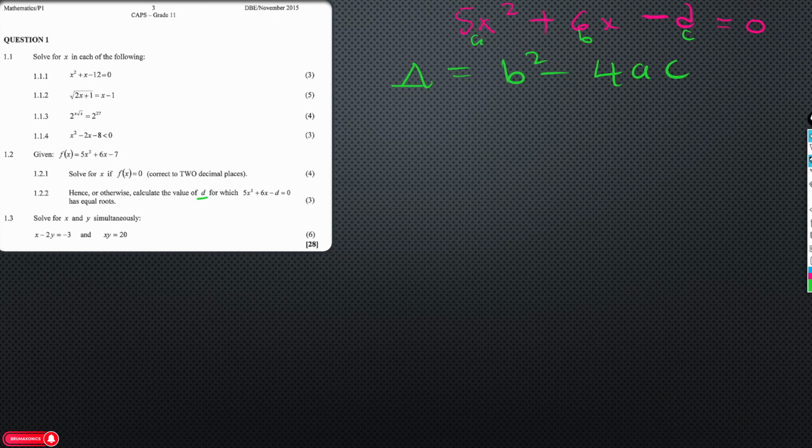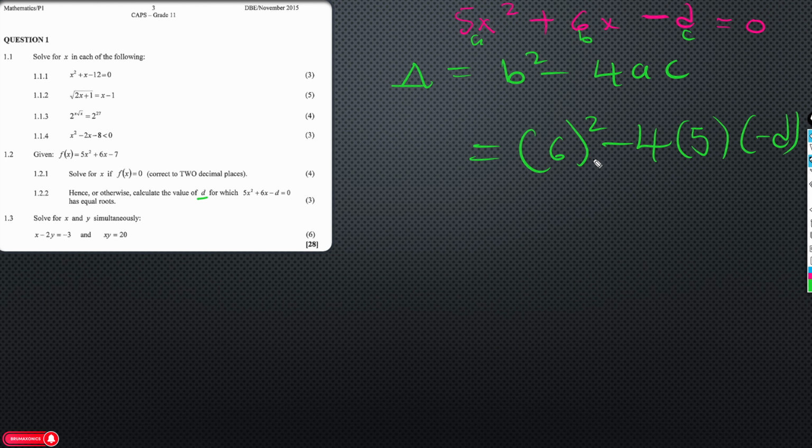So now we can say that this is equal to our B, this will be our C, our B, and then now we go straight to our A, and then our C will be negative D, right?